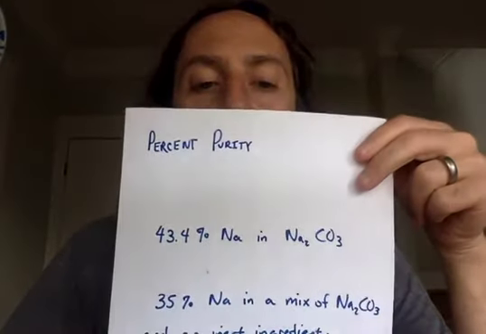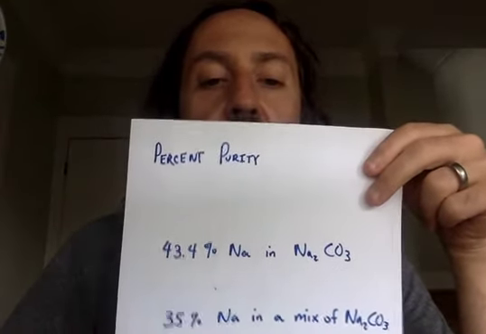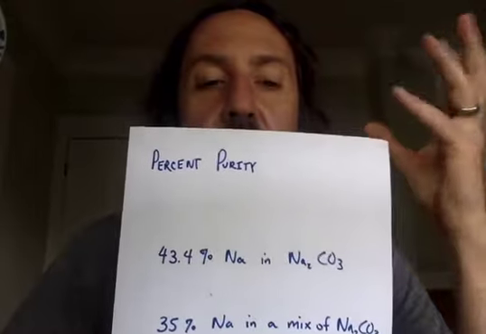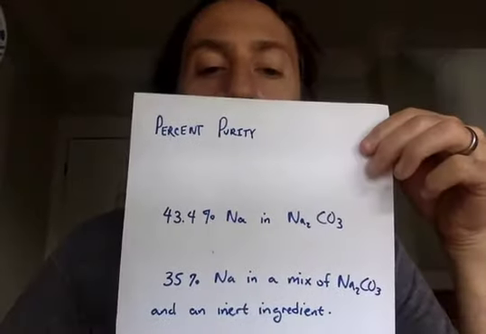So consider that if you have a compound, that's going to be 100% pure. Okay? And so what we have figured out so far from our last problem is that sodium carbonate, if you have 100% sodium carbonate, it should be 43.4% sodium. Okay? So the question you would get on a quiz or a test is, say you have a mixture of sodium carbonate and some inert ingredient.